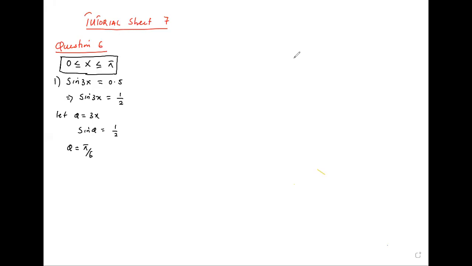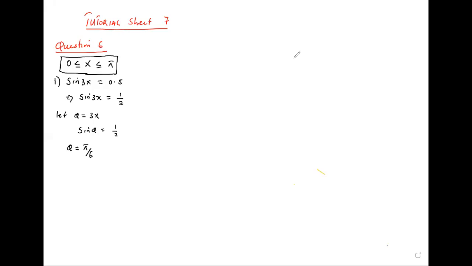So we are saying, if the interval is given in radians, we must present our answer in radians. Now, because we have sine 3x is equal to half, if we let theta be equal to 3x, that's the first thing. Then sine theta is equal to half.